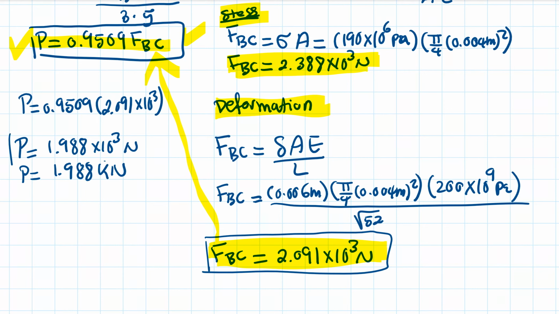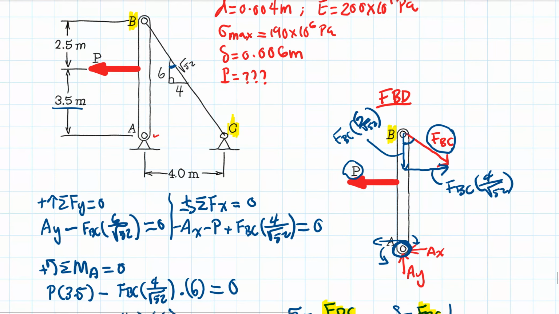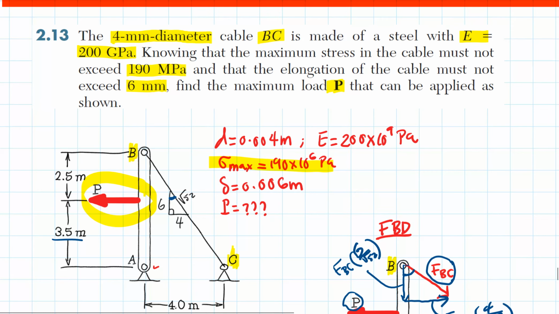So this is the load that we need to apply at this location right here to satisfy the maximum normal stress that we have, with the given cable diameter and that the cable is made out of steel, and the maximum deformation to be 0.006.